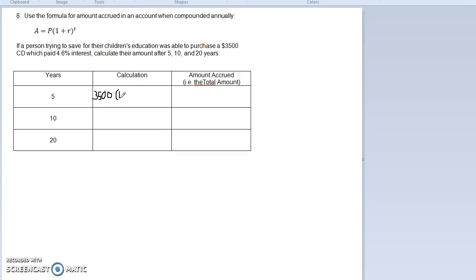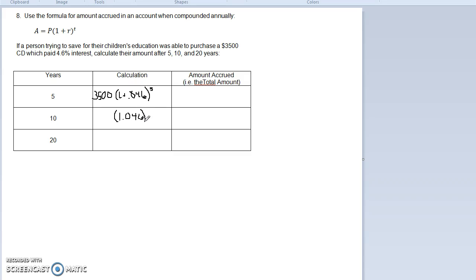Then you're going to take 1 plus the interest rate, always as a decimal, so 0.046, and you're going to take that to the power of the time, the number of years, so 5. In your calculator, you can either do parentheses 1 plus 0.046, or you can just do it as 1.046. You don't have to keep those separated.